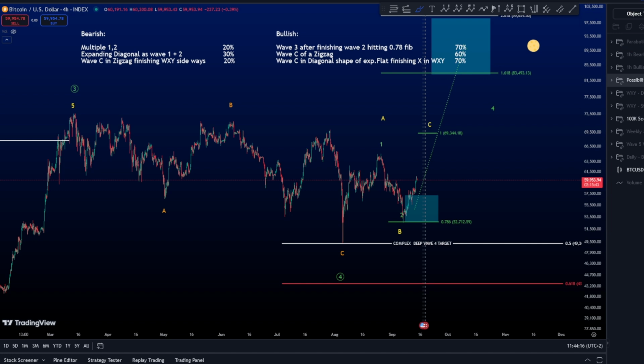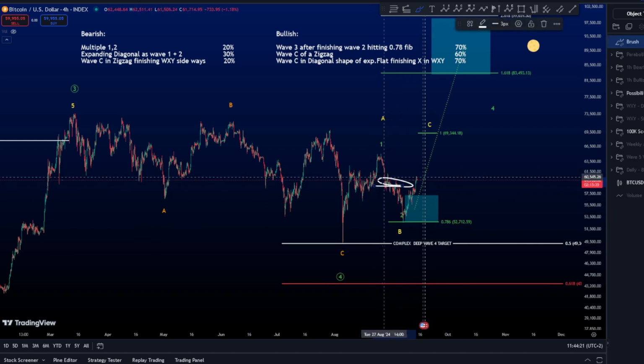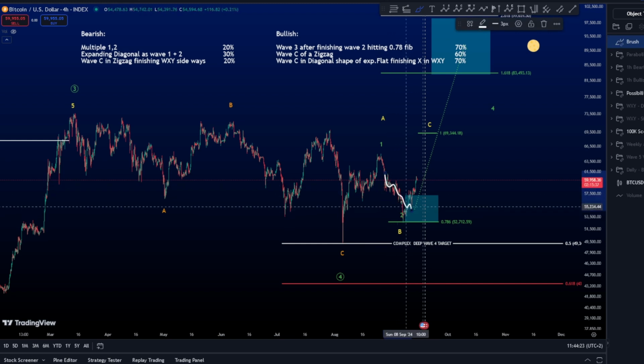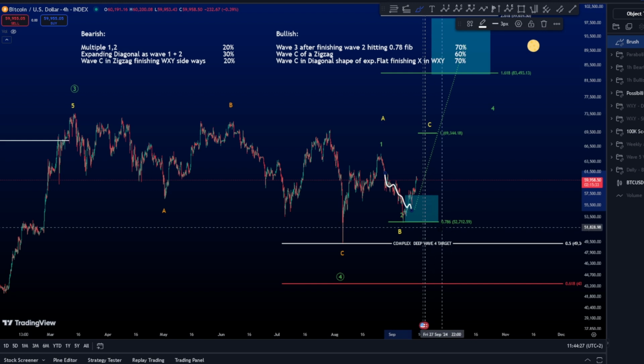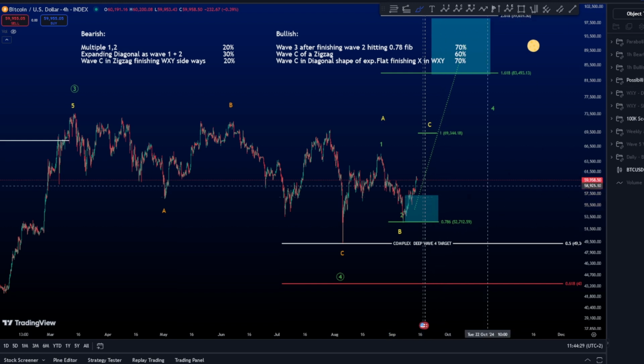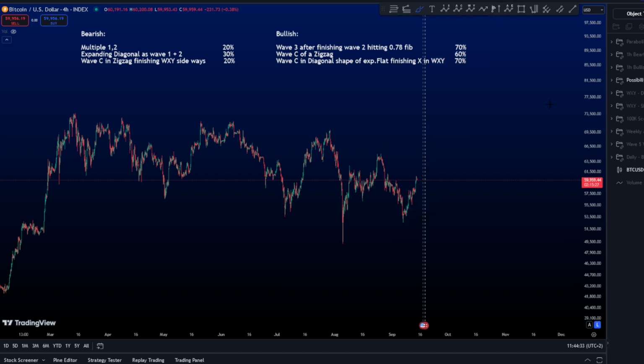And this was already before hitting the scenario. We were somewhere there, and I said, okay, if we go down, we have several levels. The last chance is your 0.786, and it has the highest possibility. And therefore, this is exactly what happened.